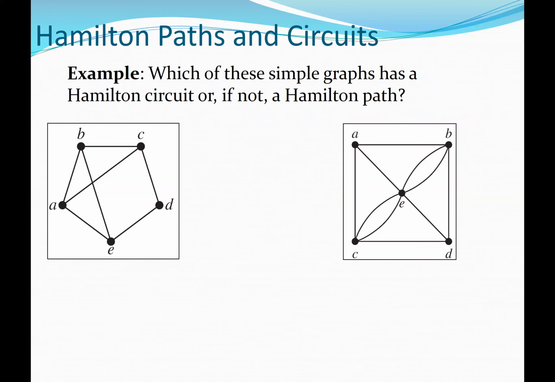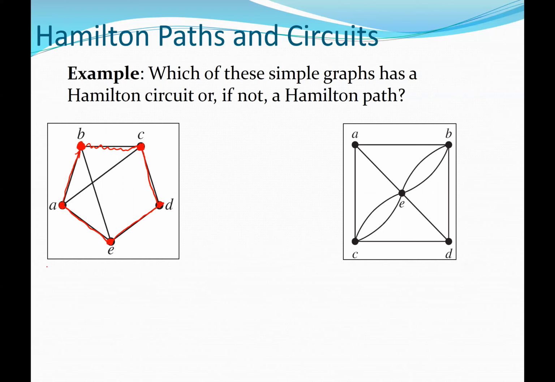All right, so which of these have a Hamilton path or Hamilton circuit? Let's see, pick a vertex. Remember, we only focus on visiting each vertex exactly once. So I can go B to C, then C to D, D to E, E to A, and A to B. Yes.